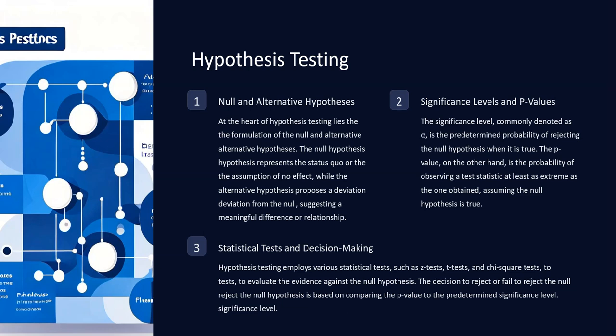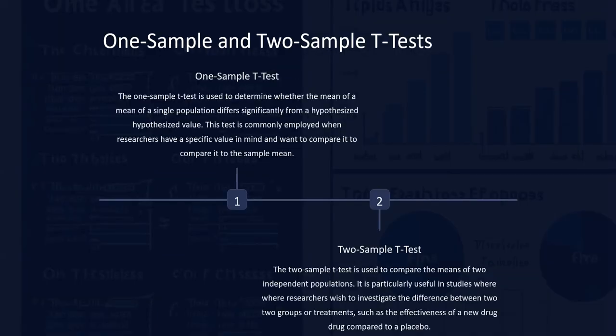So you need to understand the significance level very well, otherwise your interpretation might be wrong. Got it? Then in significance tests or hypothesis tests, we use the one-sample t-test and two-sample t-test.